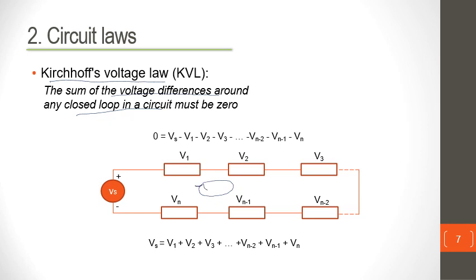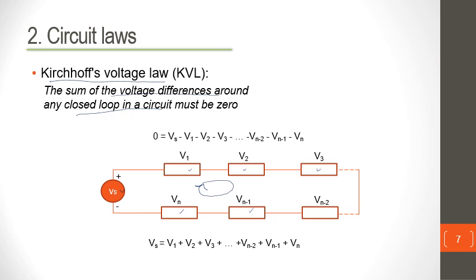And then we see that you have a supply voltage and element number 1, voltage across element number 1, voltage across element number 2, voltage across element number 3, and so on, up until voltage across element number n minus 2, n minus 1, and voltage across element number n.